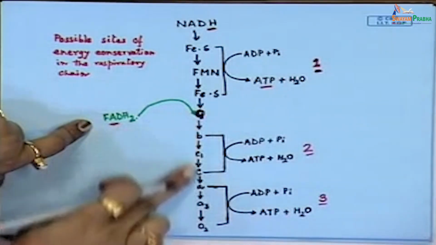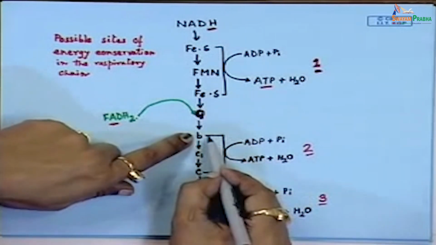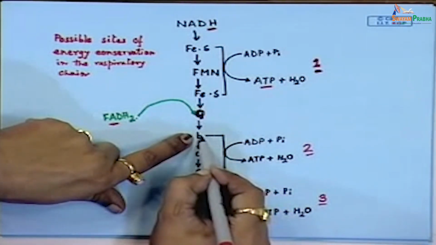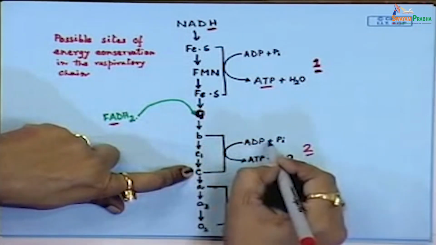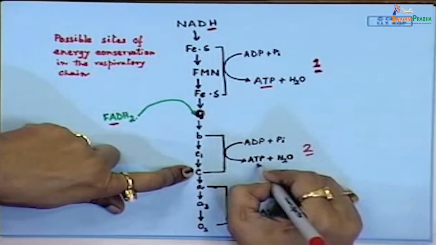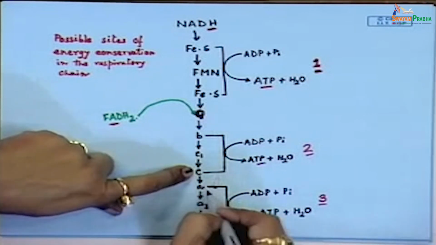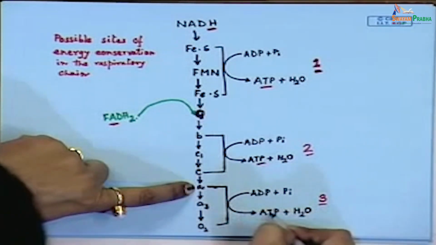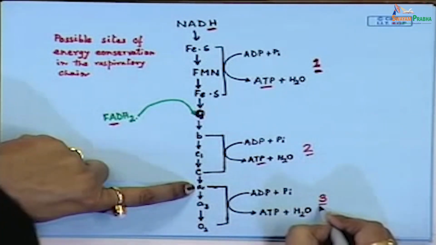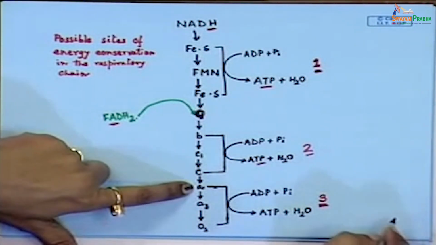Now, this chain continues, and when it goes through cytochrome B and cytochrome C, the second molecule of ATP is generated, and when it comes to cytochrome A and molecular oxygen, another molecule of ATP is synthesized.